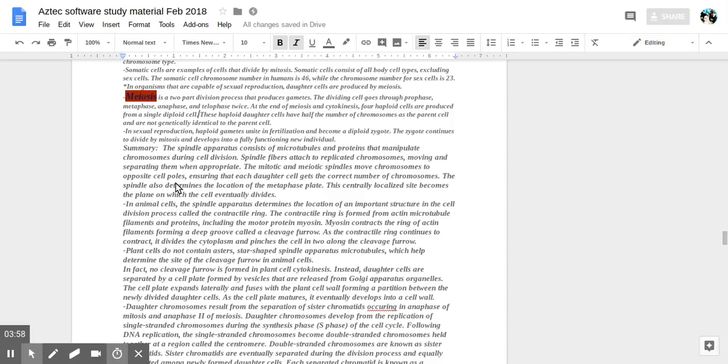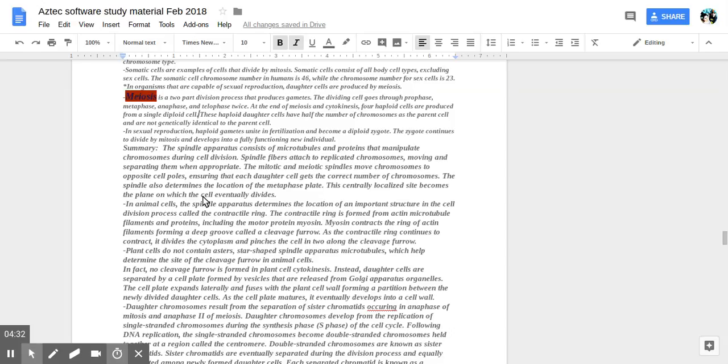In sexual reproduction, involving sexual cells rather than body or somatic cells, haploid gametes unite. When you have fertilization, 2 haploid gametes become a diploid zygote, which is basically like the baby. You have to have haploid gametes, otherwise you would end up with the wrong number of chromosomes.